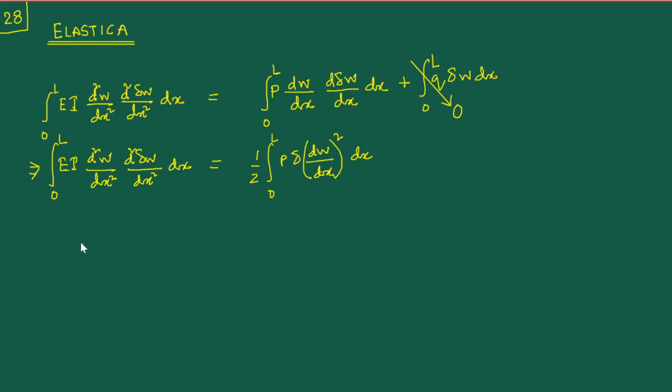Okay, so the first step towards that goal is to identify that in the left hand side, this d square w dx square term is basically an approximation of the curvature of the beam.